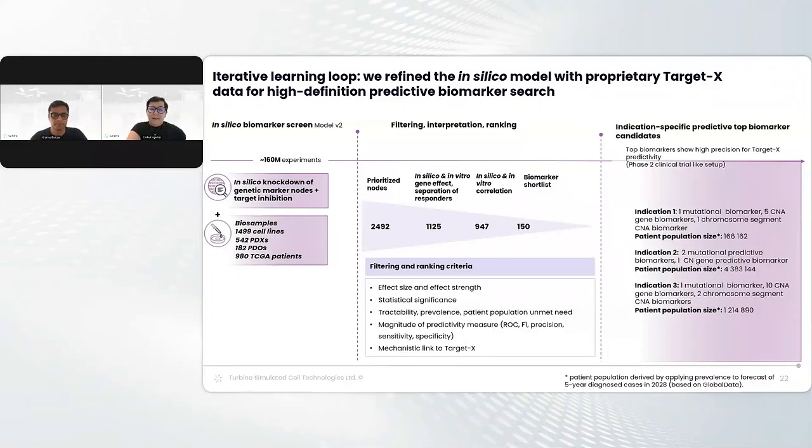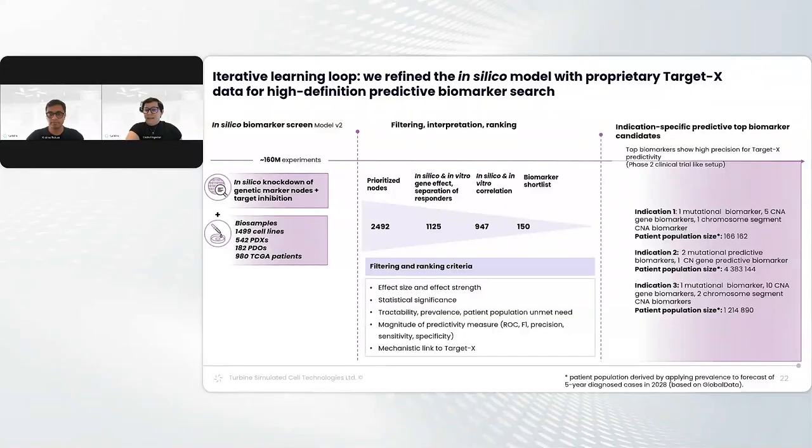We can rank these hypotheses based on effect size and effect strength, statistical significance, potential tractability, prevalence of the biomarker candidates, and so on. And what we were aiming here is to mimic phase 2 precision clinical trial-like setup.